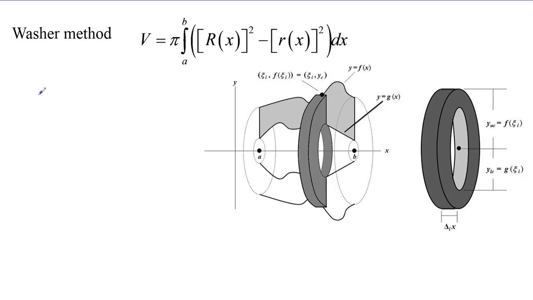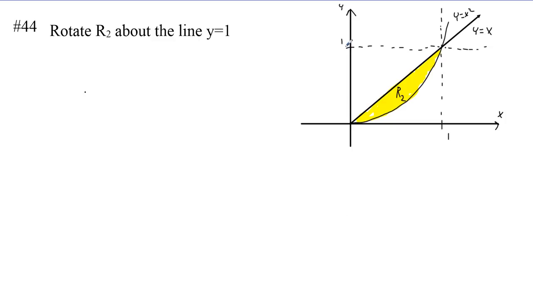Again, we're going to use this equation right here, where it's pi times the top function squared minus the bottom function squared. But I've got to transform this so that I'm rotating about the line y equals 1.